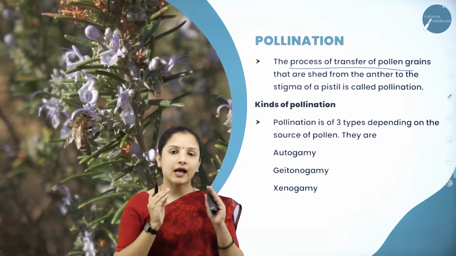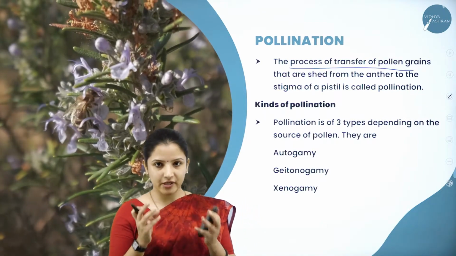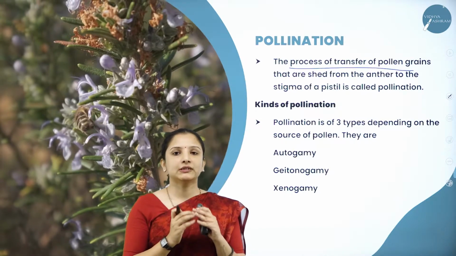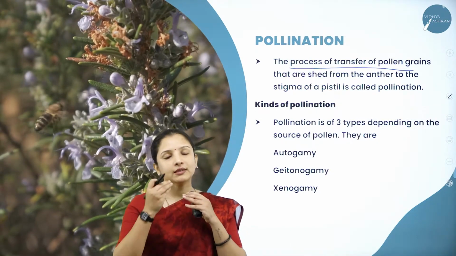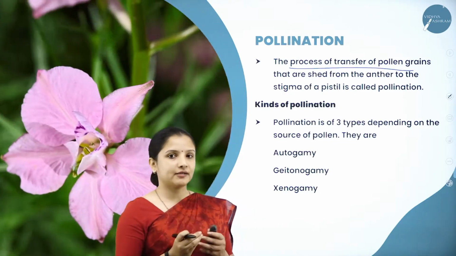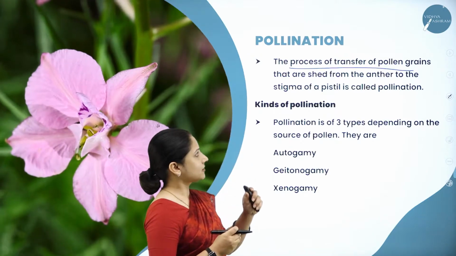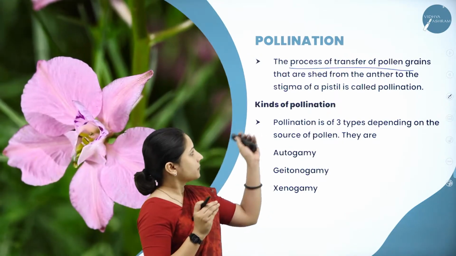Once the pollen grains inside the anther mature, the anthers will dehisce or split open and the pollen grains will start to come out. Once the pollen grains are released by the anther, they are carried to the stigma of the pistil.